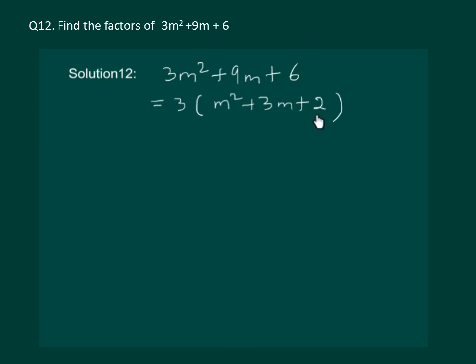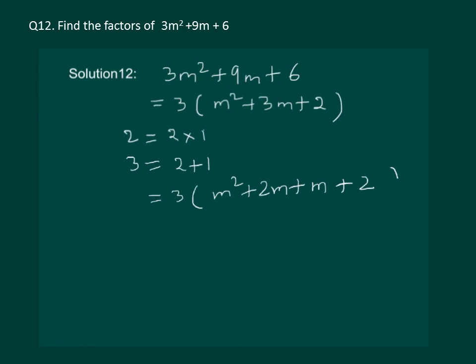We have constant term as 2, and 2 can be written as 2 into 1. Also, our middle term is 3, which can be written as 2 plus 1. So then our expression will become 3 into (m square plus 2m plus m plus 2). Now it remains to group and take out things common.